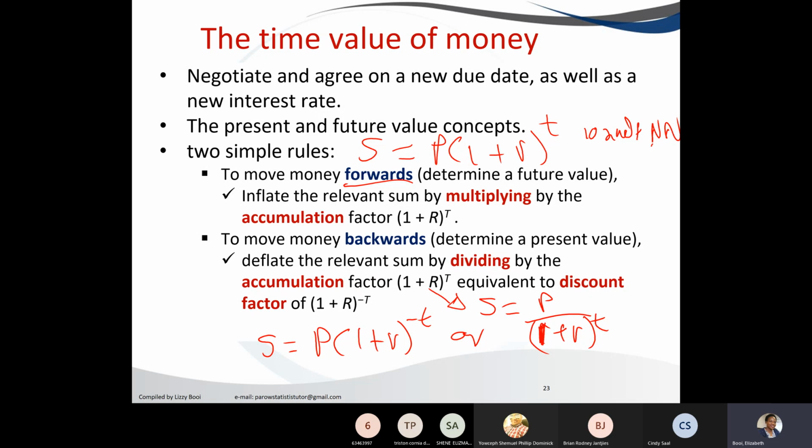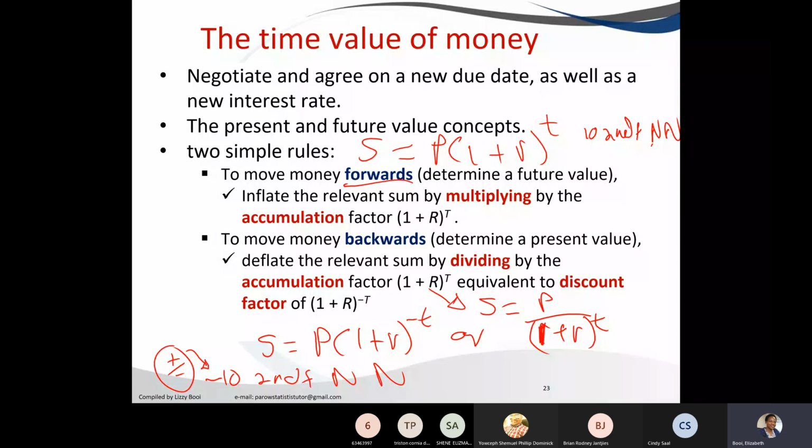But for moving backwards, you will press the plus or minus first to get minus 10, then second function n. Remember, the first n is to multiply with the compounding periods and the second n is to store the value. And that's how you will use it on your calculator.